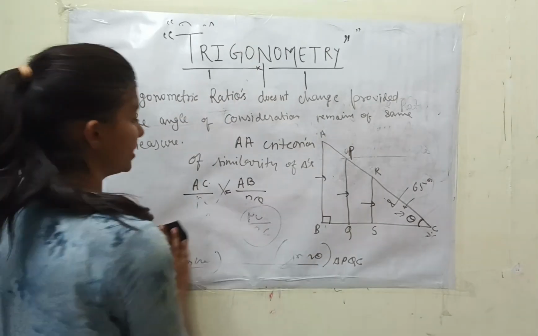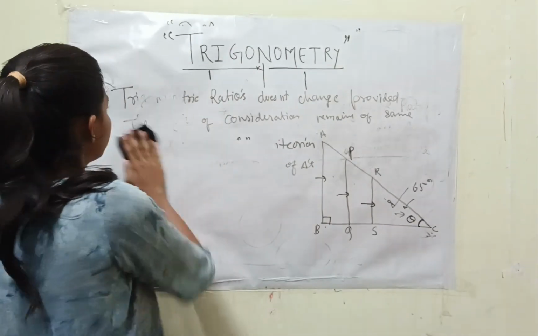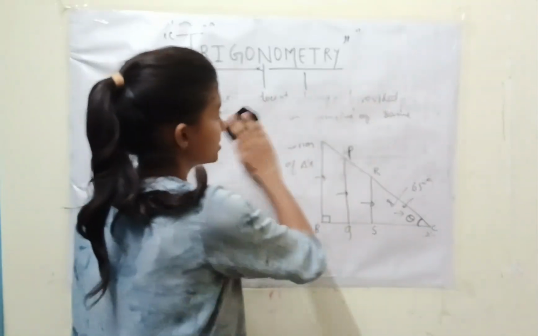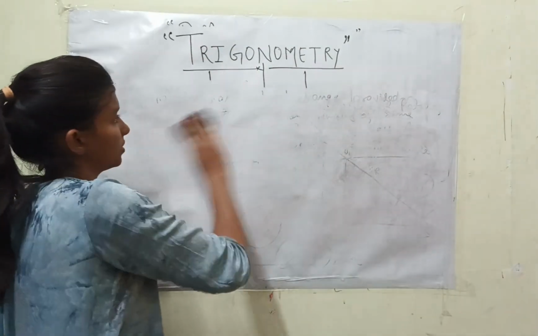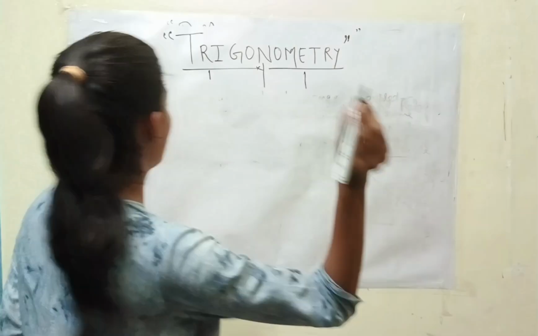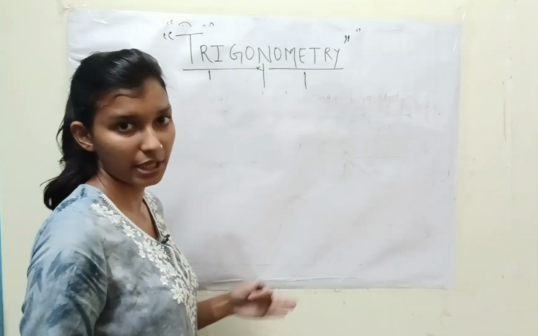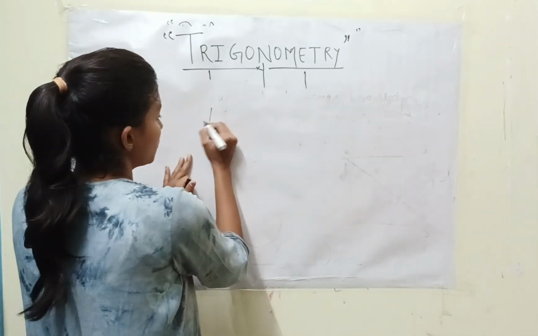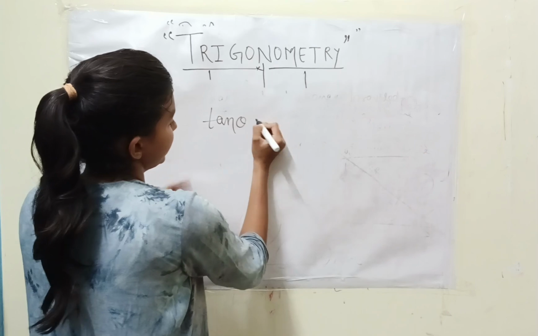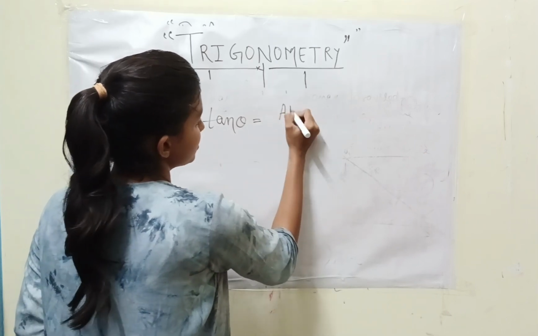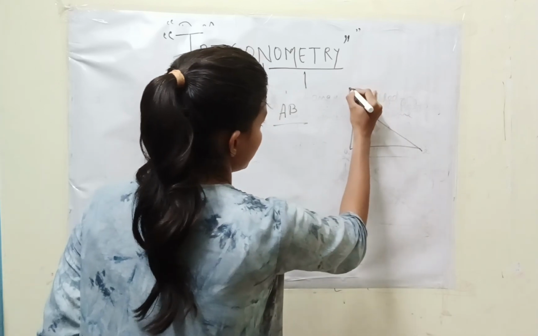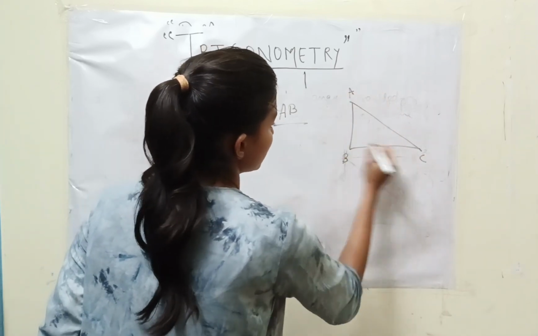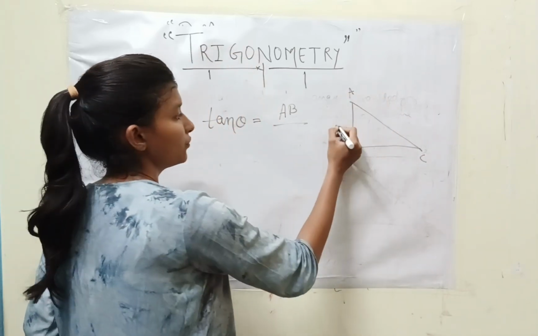This allows us to study how. Suppose now we all know the ratios and relations. Suppose tan theta, here is AB. This is a right angle triangle and we have the measure of this side.